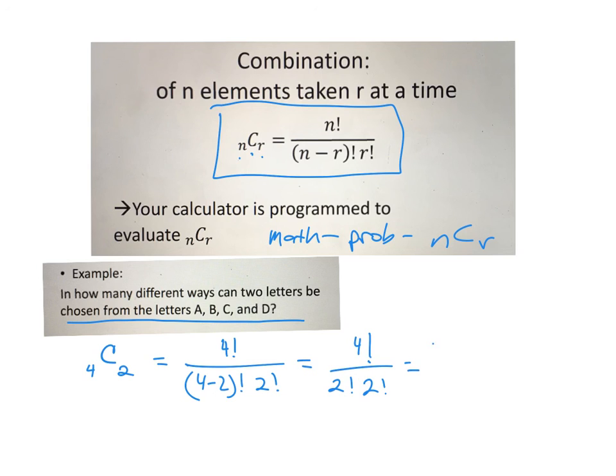If we expand this, we get 4 times 3 times 2 times 1 divided by 2 times 1 times 2 times 1. We can cancel common terms. We can cancel this 2 with a 4 and turn that into a 2, and then 2 times 3 is 6. So we've just verified the formula with this example.